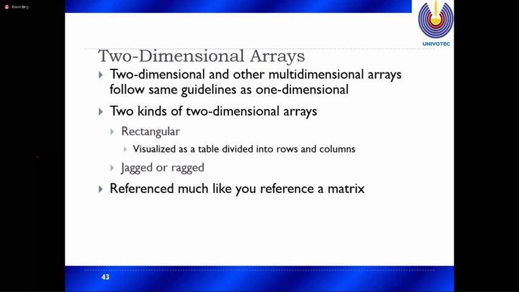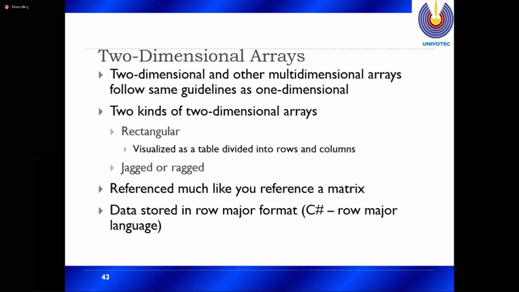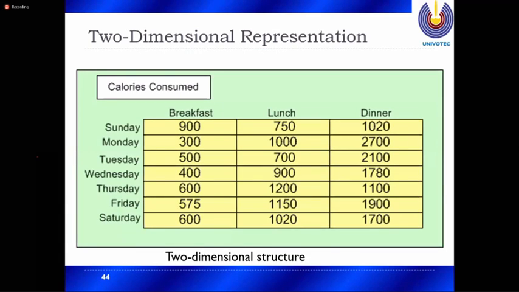That is the jagged array. Data is stored in row-major format in C#, a row-major language. Now the two-dimensional array is represented in this slide. We will come to the jagged array later, and this is the rectangular array.